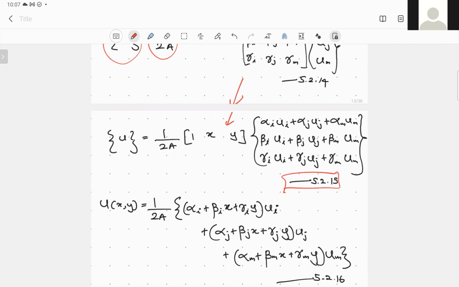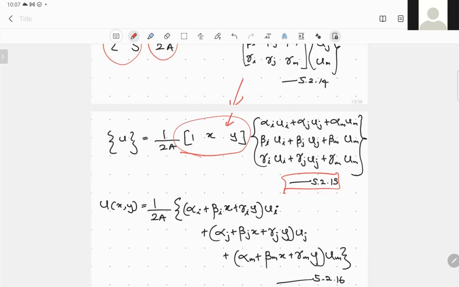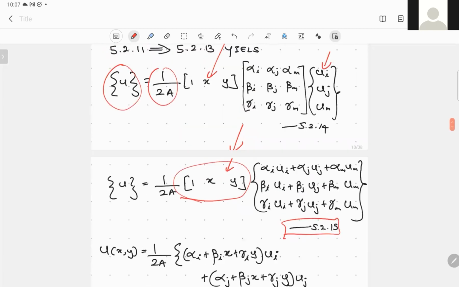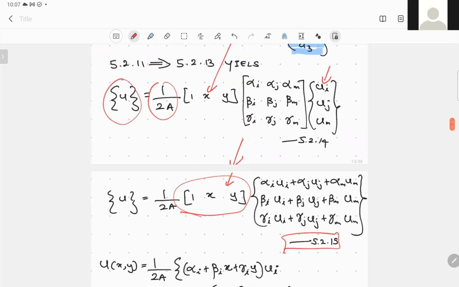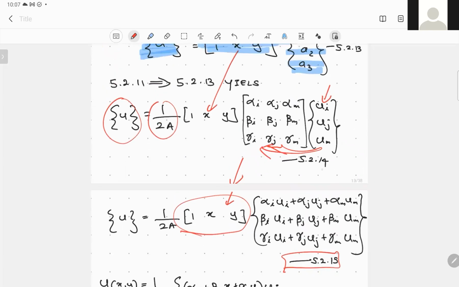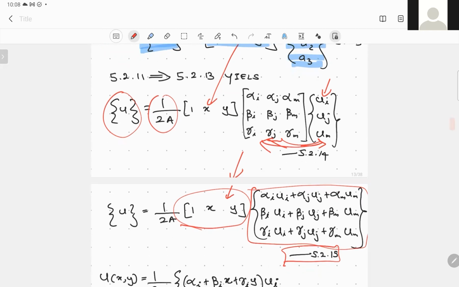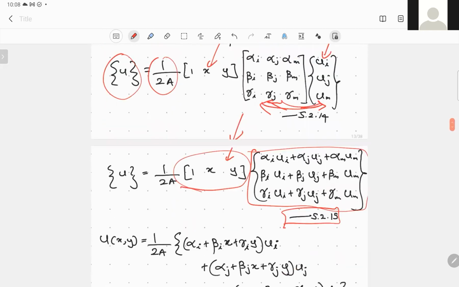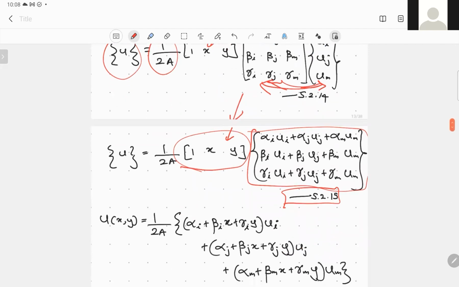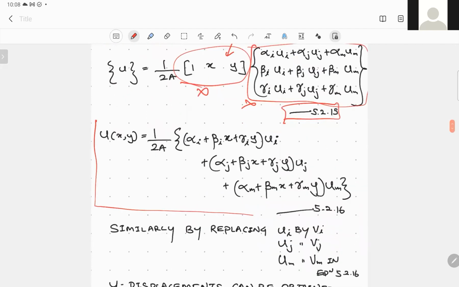Let's say we have obtained two matrices by multiplication, between the alpha, beta, gamma matrix and the displacement matrix. We have obtained one single bulk matrix, and the next step we multiply these two matrices, and you would end up with an equation as a function of x and y for the displacement in the x direction.